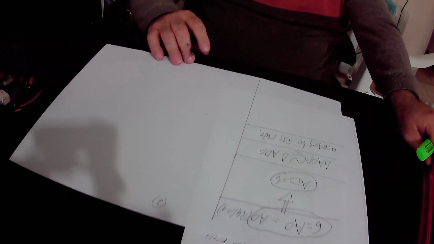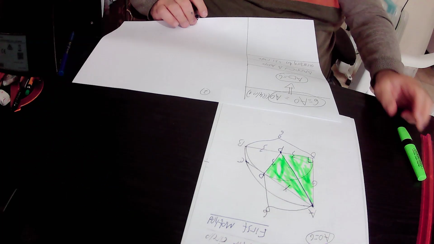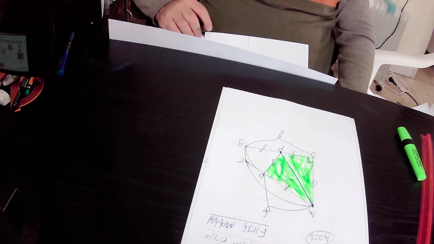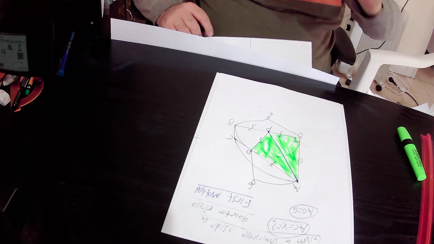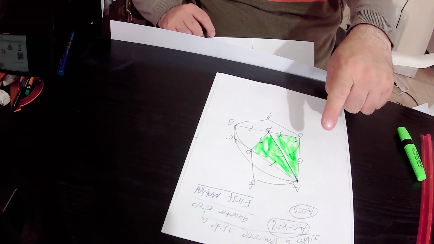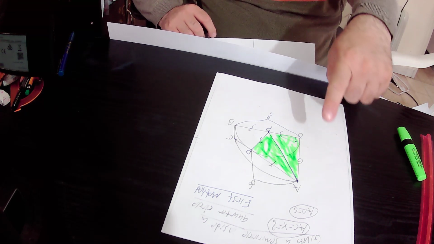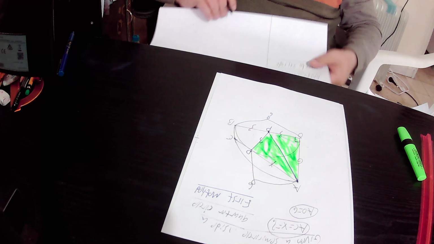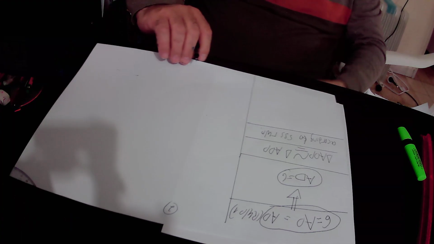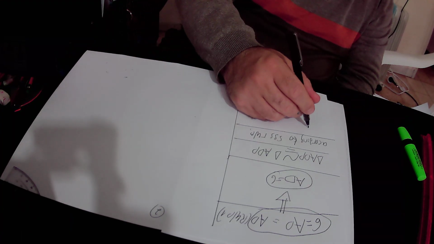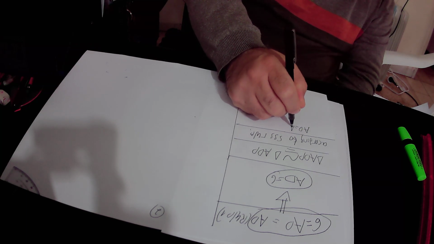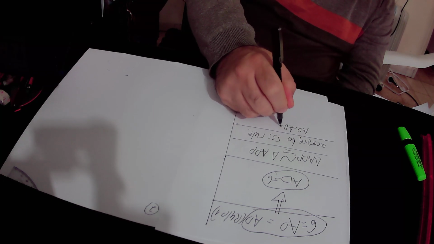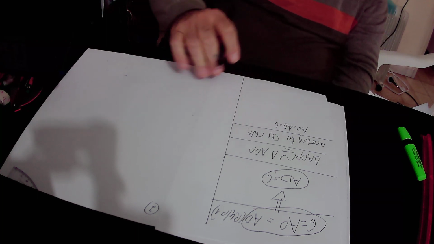Okay, so why are they congruent? Because side AO equals side AD equals 6 units, according to rule number 1.